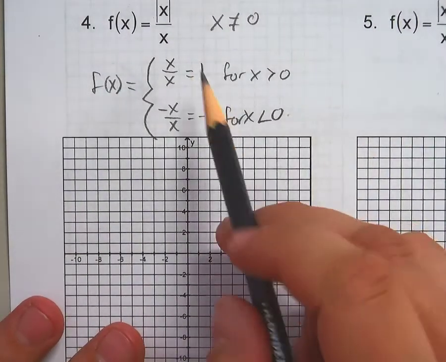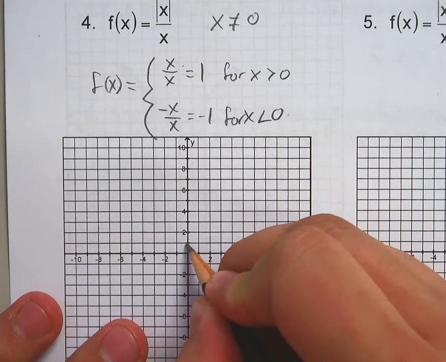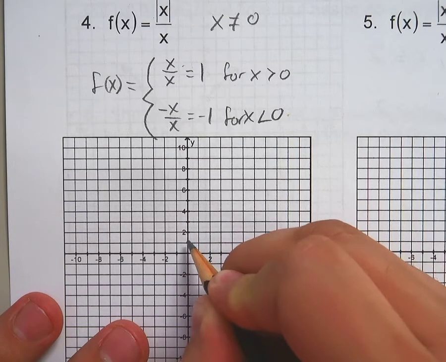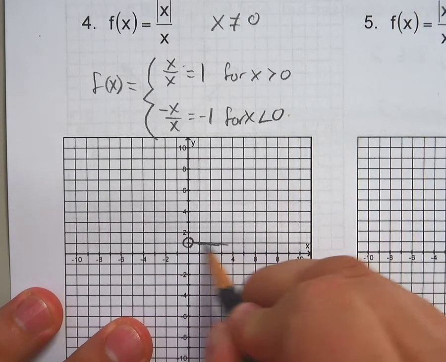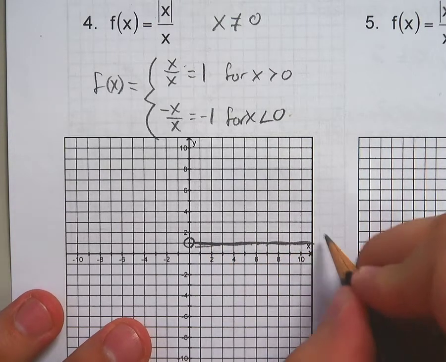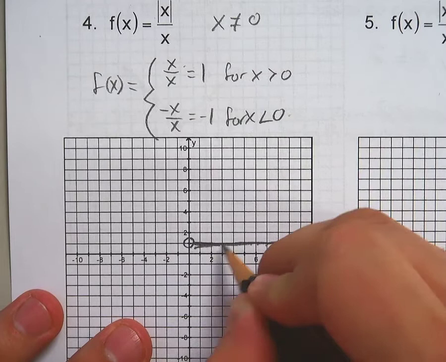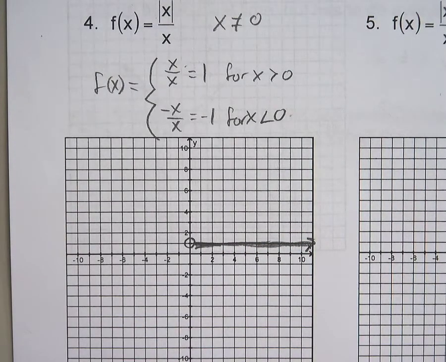It's going to be 1 when x is bigger than 0. So here's 1. Now I'm not actually touching 0, but everywhere greater than, I'm trying to make that dark for you so you can really see that, I'm going to be 1. Okay?